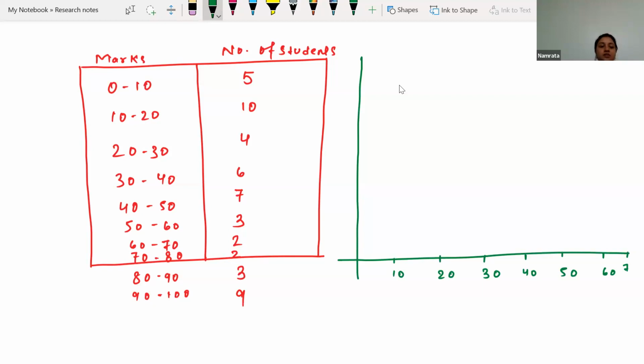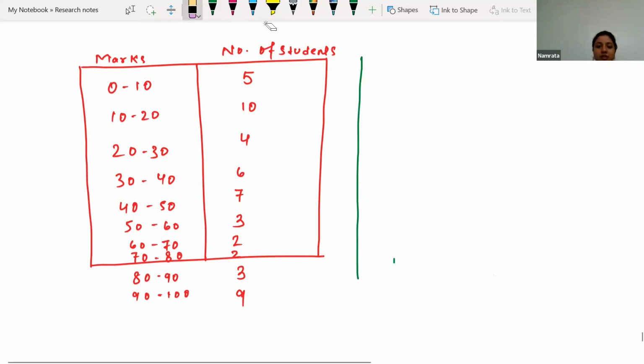We need to plot it fully, otherwise we will end up making a mistake. So let me take the intervals very closely, because the concept which I want to show you, I'll be able to show once we draw each and every interval properly.